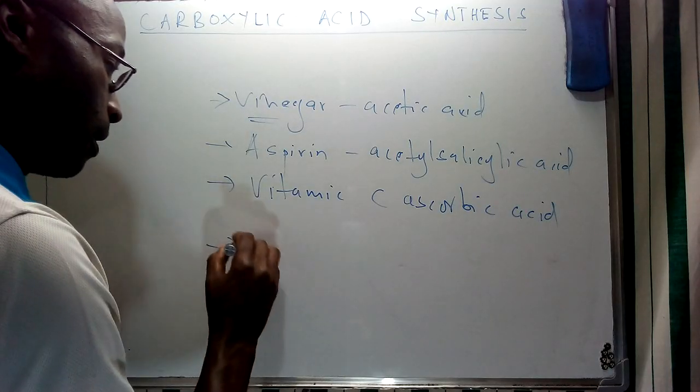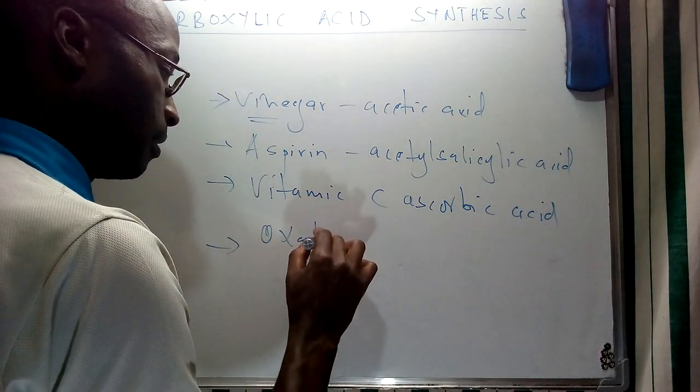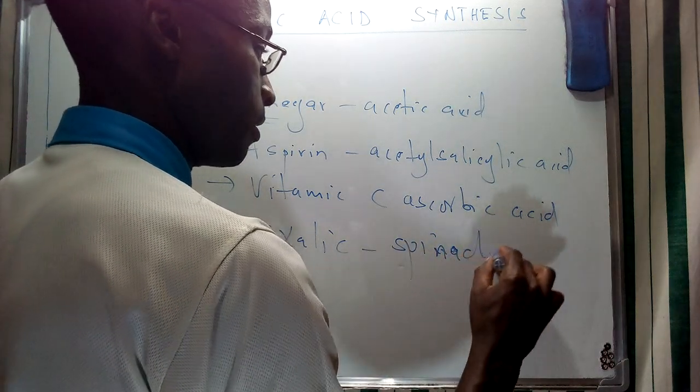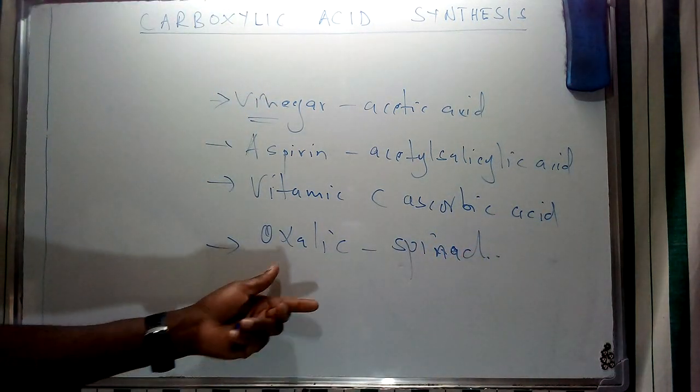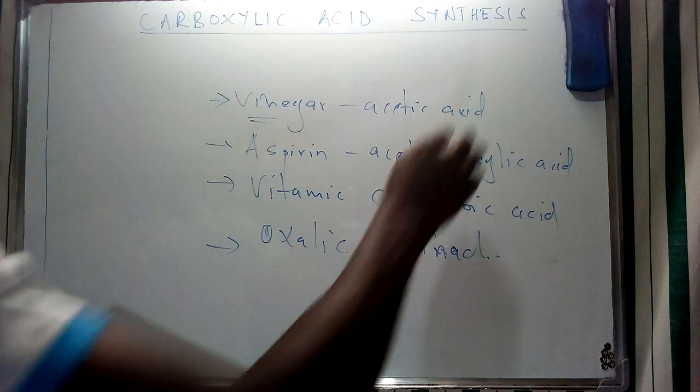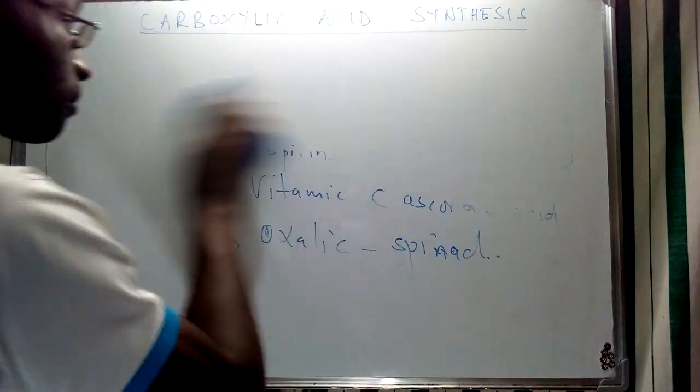And perhaps if I can give a final one, oxalic acid is found in spinach, which is a daily consumption vegetable, and it plays a vital role as one of the requirements we use in our day-to-day life. So mentioning a few, these are some of the applications of carboxylic acid that we find in our day-to-day life. And therefore it's of essence for us to find out how we can synthesize this class of organic compound.